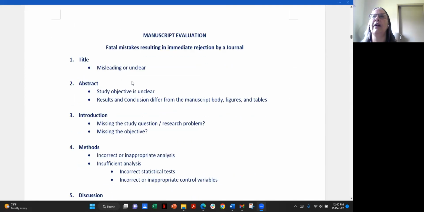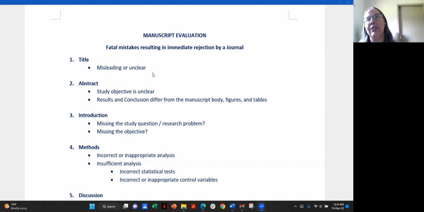Okay, now just moving on to some easier little tips for you about manuscript evaluation. Fatal mistakes that will also result in immediate rejection. The first one is the title. As you've seen in those previous examples, if the title is missing, misleading, or unclear, that will lead to immediate rejection.